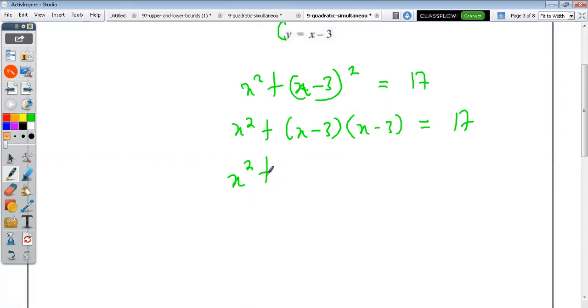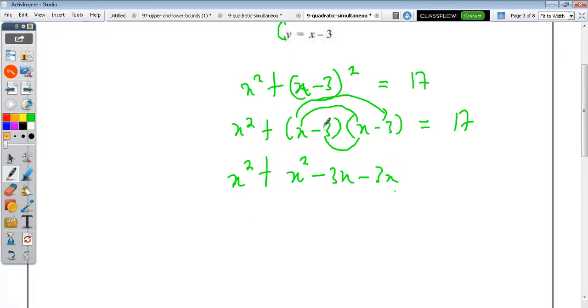Without doing what I did first, I know that I multiply first term by first term, I get x². The middle term, I get it from multiplying this, I get negative 3x. Then this multiplies that term, I also get negative 3x. Can you see that?